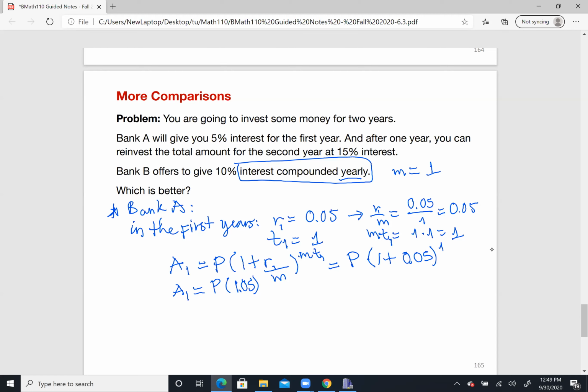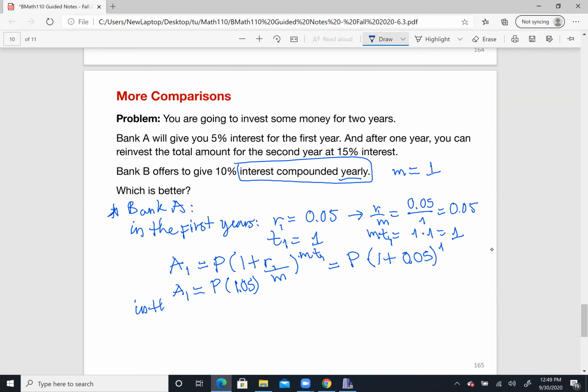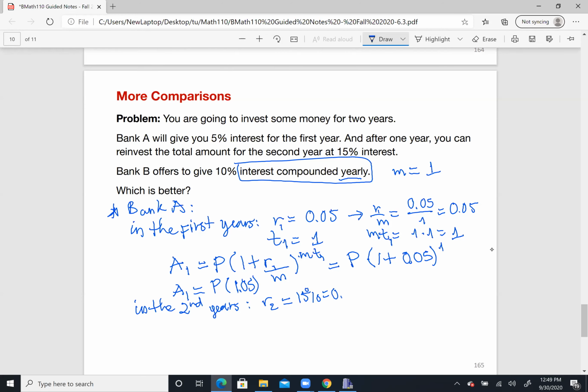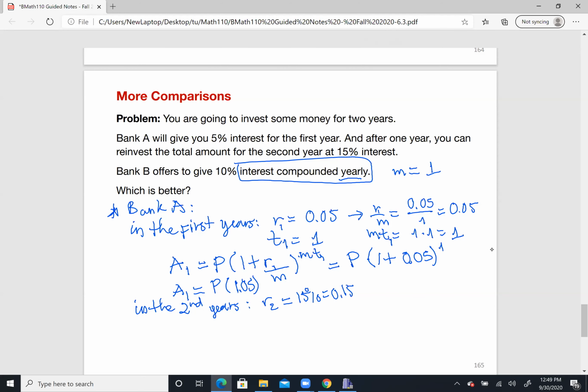In the second year, so after 1 year, right? So in the second year, now R2, what is the rate? This is the new rate, gonna be 15%, which equal to 0.15, right?